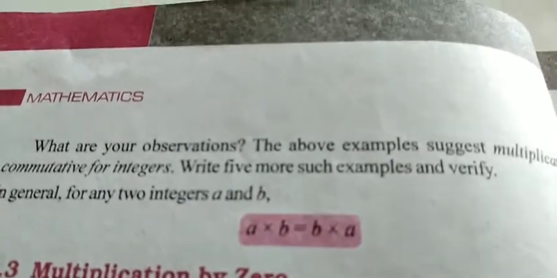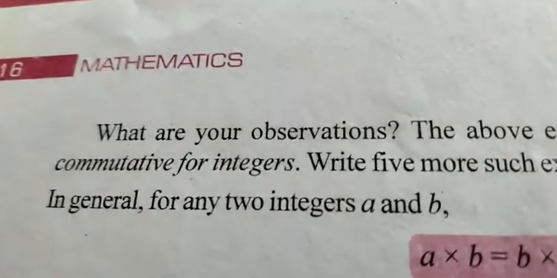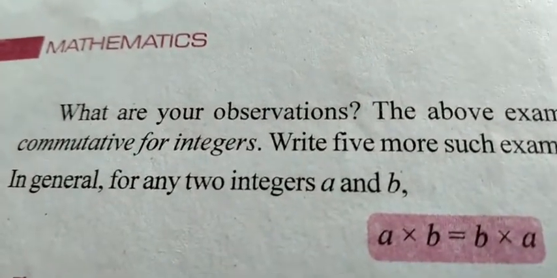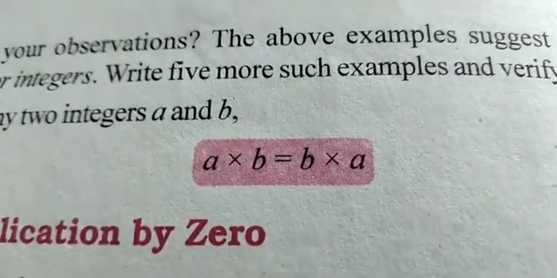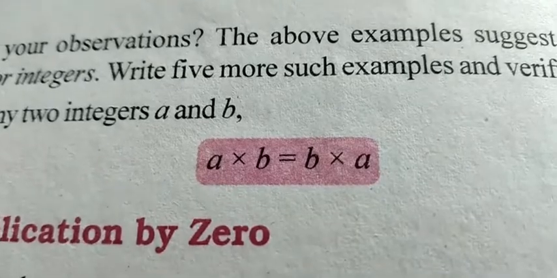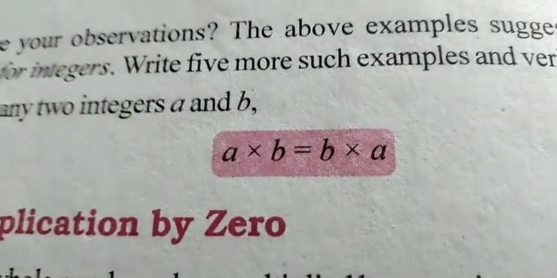So from the examples we can say that multiplication is commutative for integers, and the standard form tells you a multiplied by b is equal to b multiplied by a, where a and b are two integers.